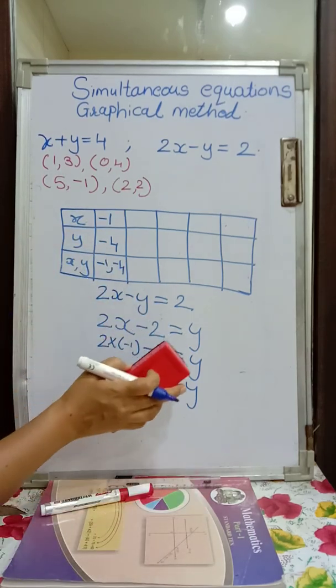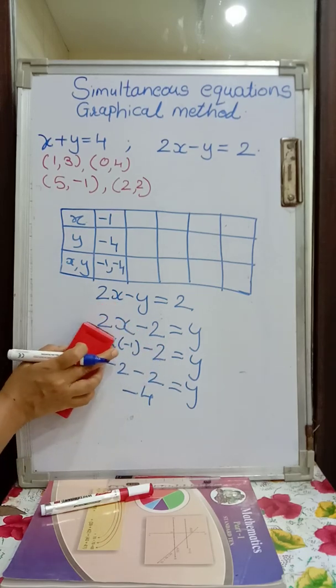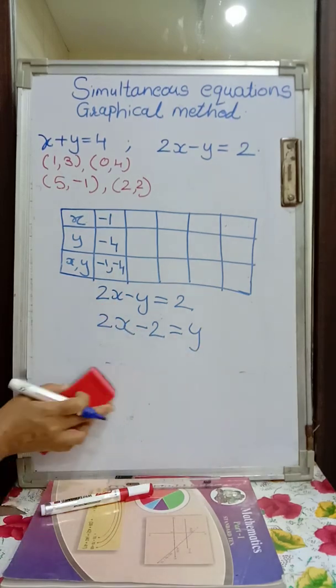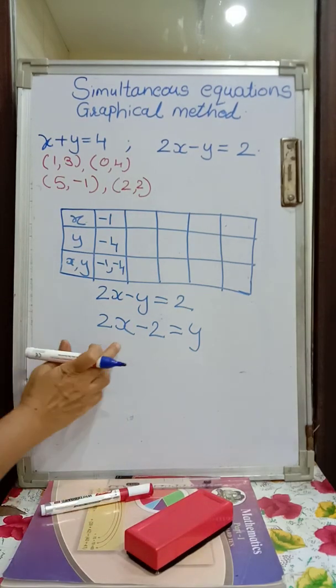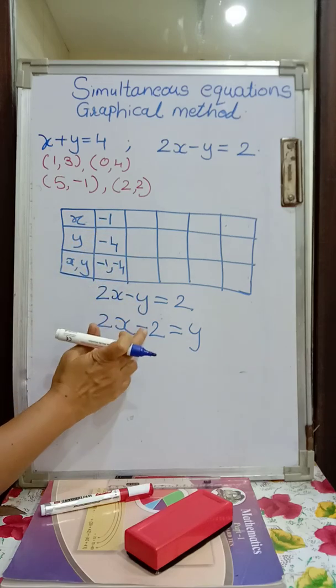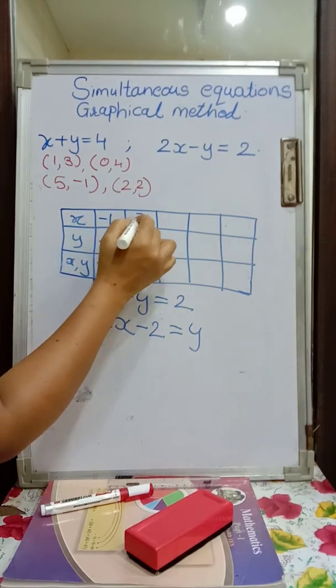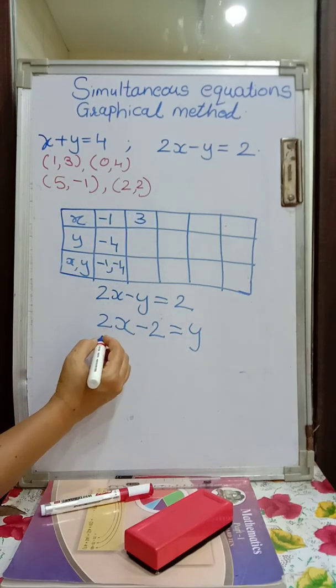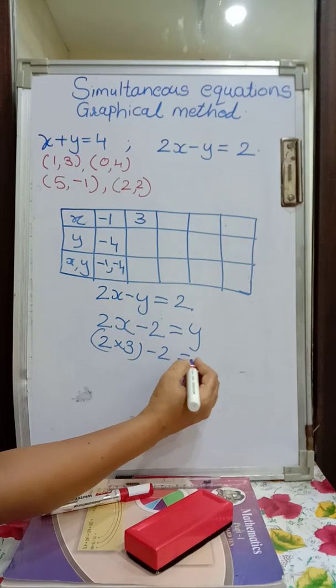Now next I'm keeping y as it is and I'm changing the x value now. We have already taken x is equal to minus 1. Now let us take x is equal to 3. So I am writing here x is equal to 3. So if I put x is equal to 3, I have 2 into 3 minus 2 will be equal to y.